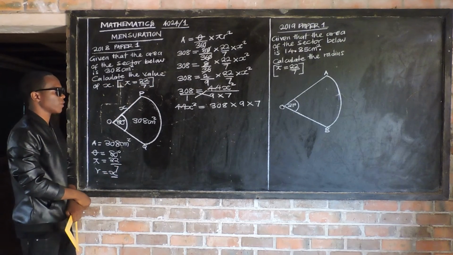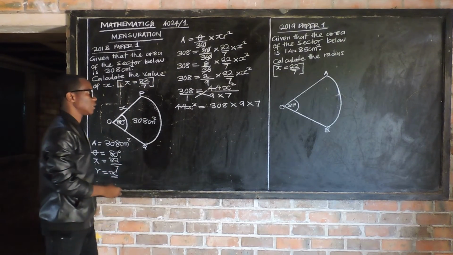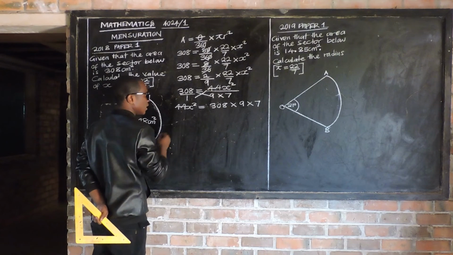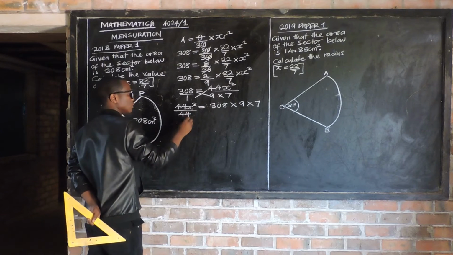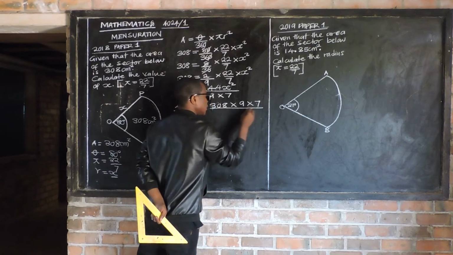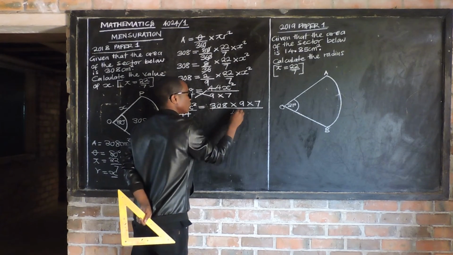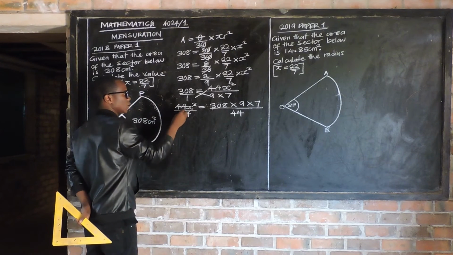Then at this level, for us to remain with x squared, you just divide both sides by 44. So you say over 44, inside you say over 44, so that these two can go.